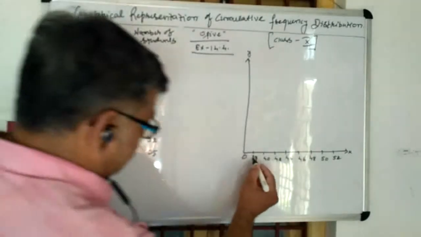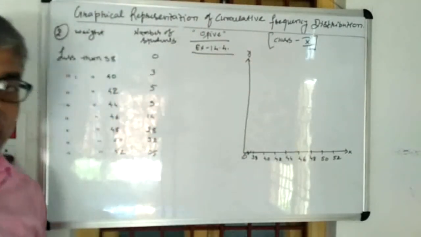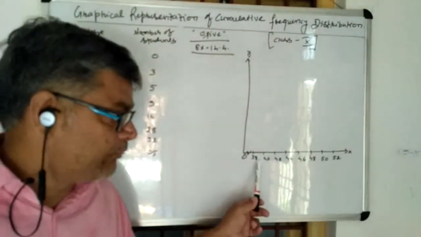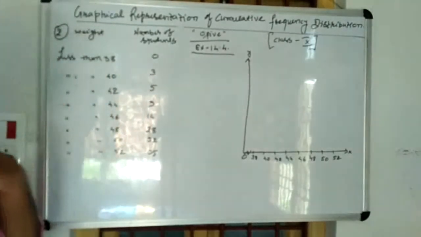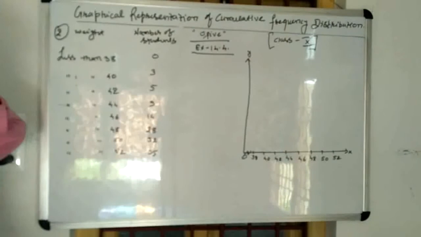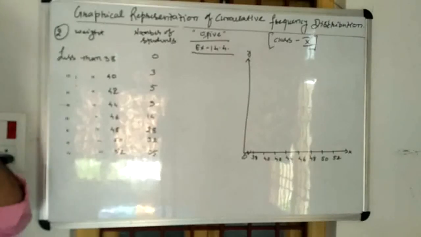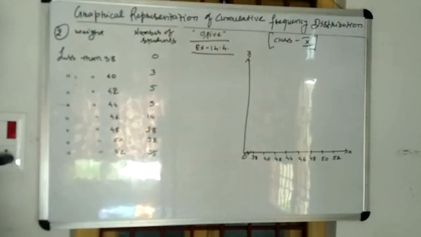Since it is not starting from 0, you put a kink after 0. It means that it is starting from 38.